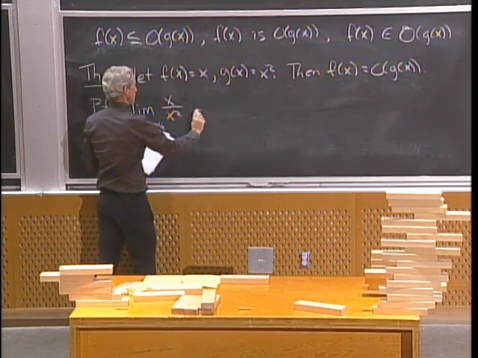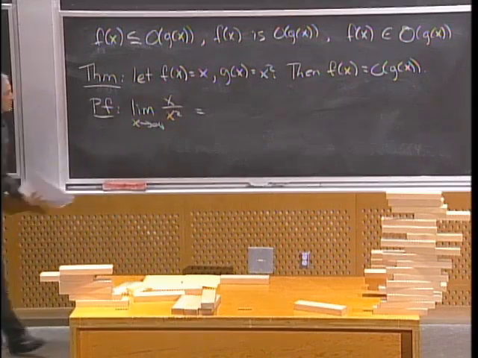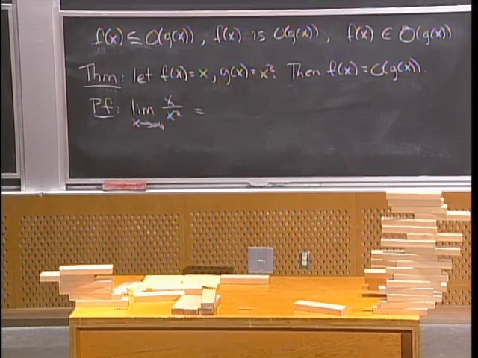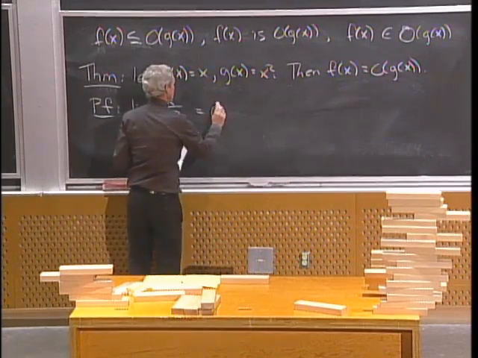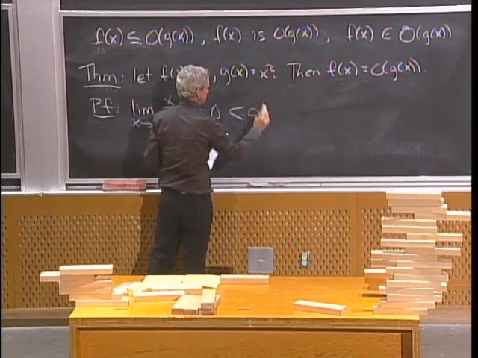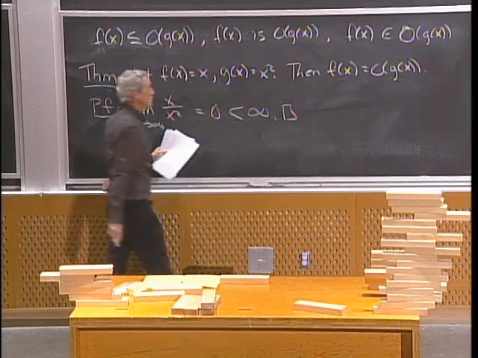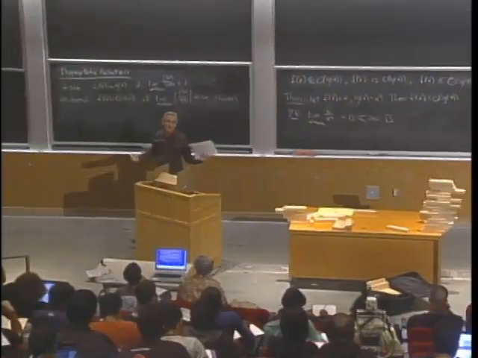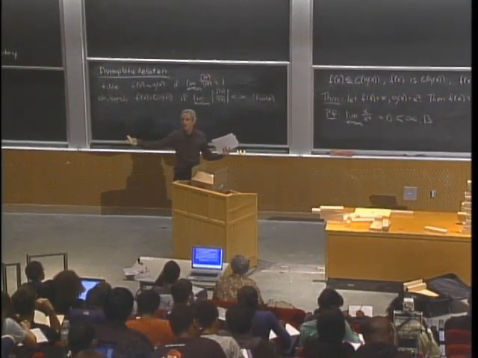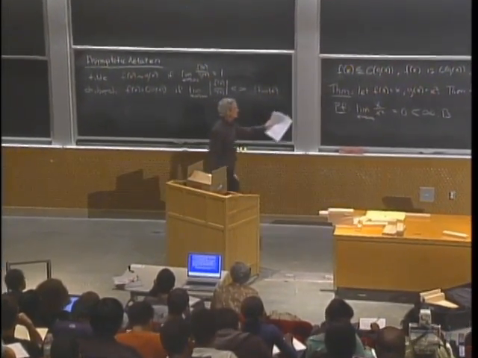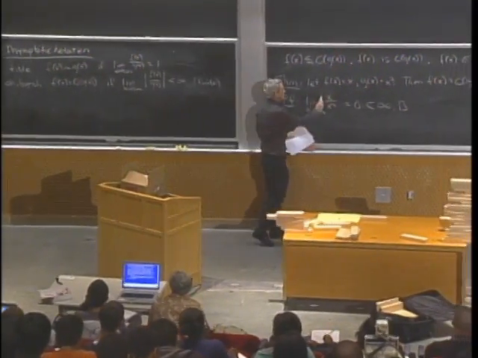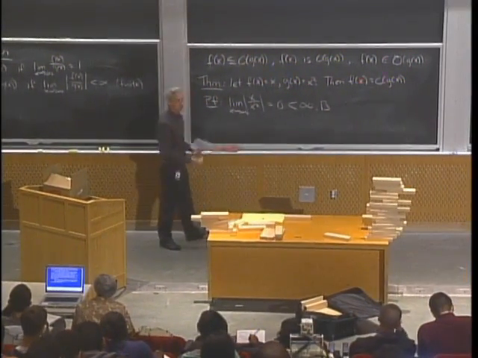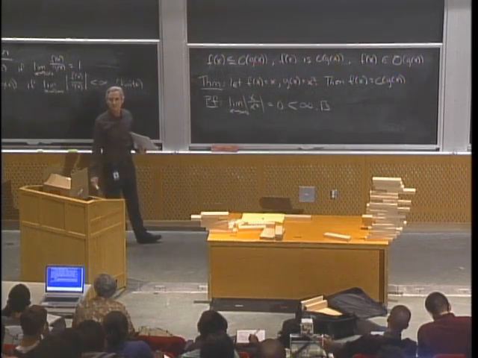That is equal to what? What is the limit of x over x squared as x goes to infinity? 0. And that is less than infinity. So we proved it. So if you get asked to prove f is O of g, what you do is you take the limit of f over g as x goes to infinity and show that it doesn't diverge.